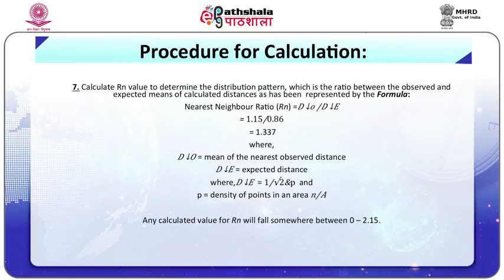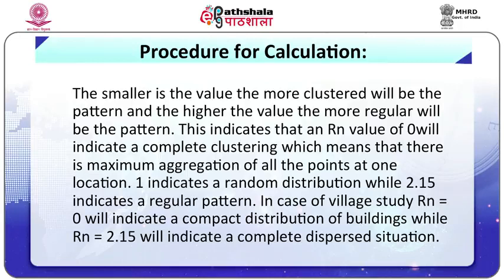Any calculated value for Rn will fall somewhere between 0 and 2.15. The smaller the value, the more clustered the pattern, and the higher the value, the more regular the pattern.